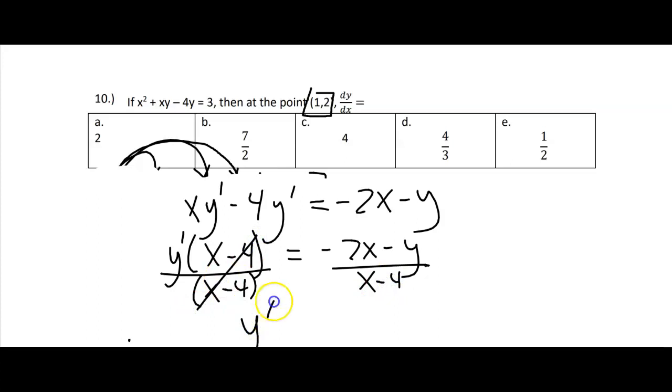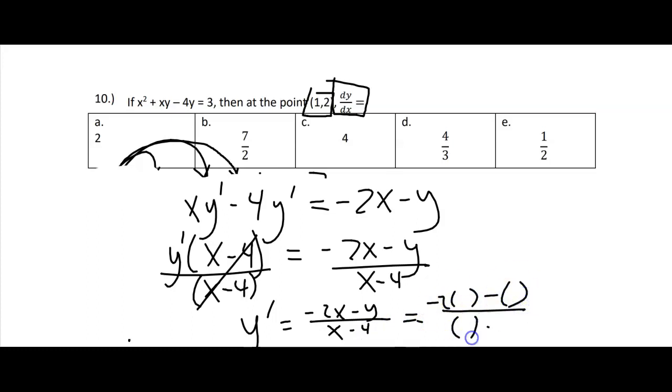And so now we've got an expression that represents y prime, which is the derivative. This is another way to write y prime. And so I've got -2x minus y over x minus 4. And at this point, I'm going to go ahead and plug in my numbers. So we have -2 blank minus y over blank minus 4.